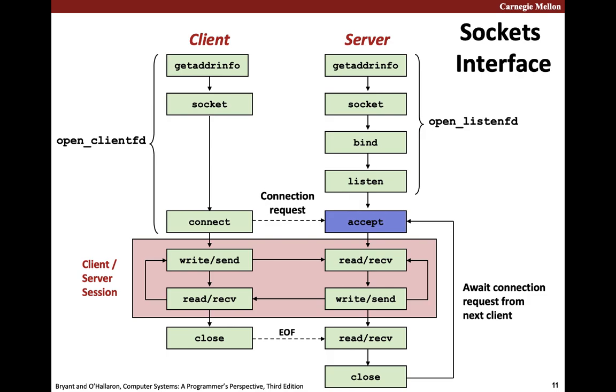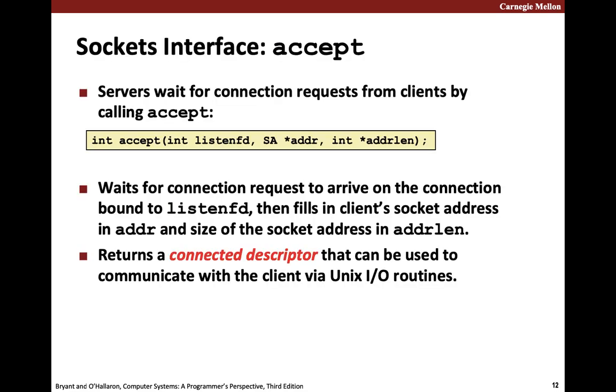But with TCP, what we're going to do is call accept, and the first argument there is the listening file descriptor that we just had on there. We're going to call accept on this listen file descriptor, passing in the address of a sockaddr and then the length associated with that.